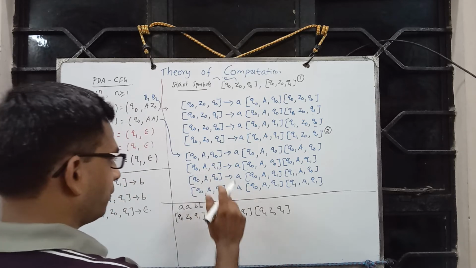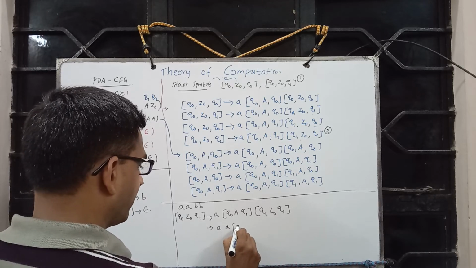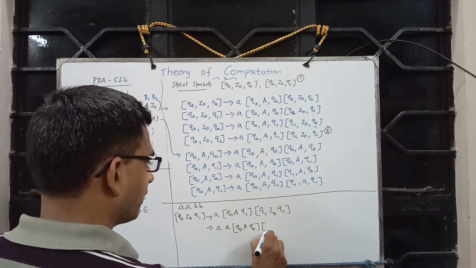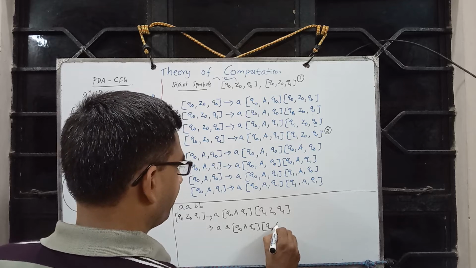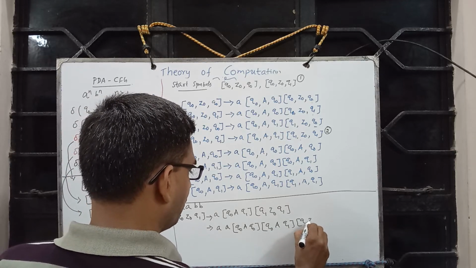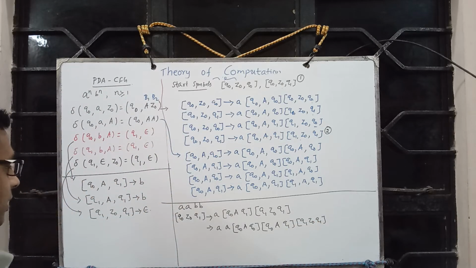Then Q0, A, Q1 is you have one more A followed by Q0, A, Q0 followed by Q0, A, Q1 followed by Q1, Z0, Q1. Fine.